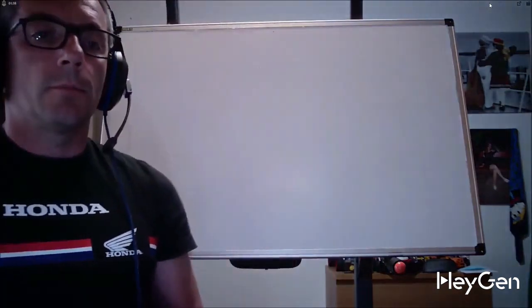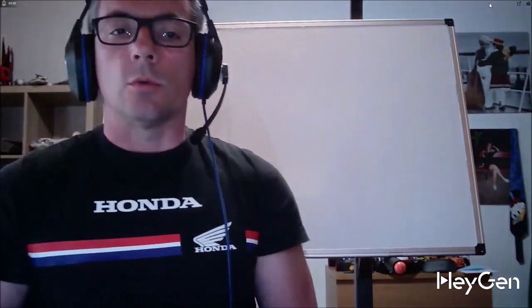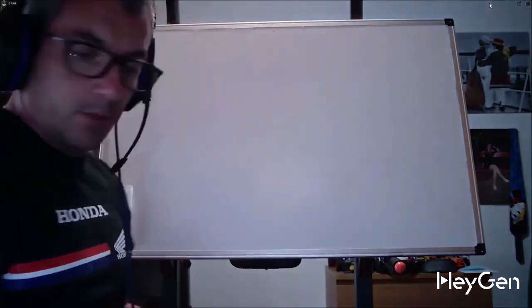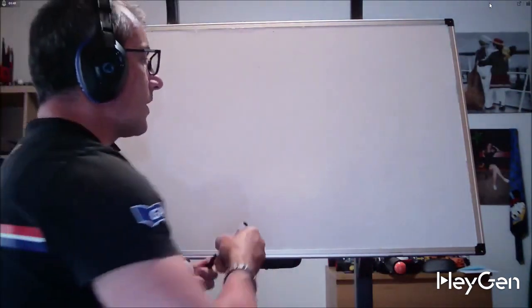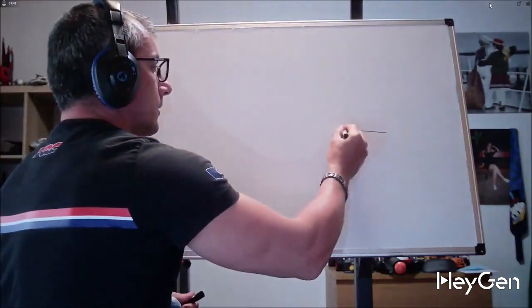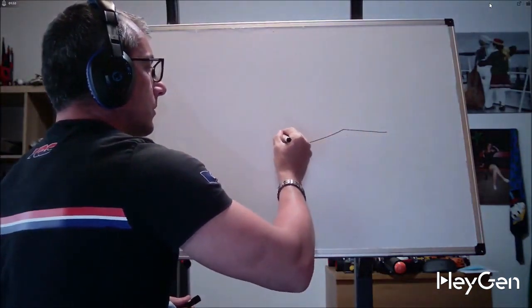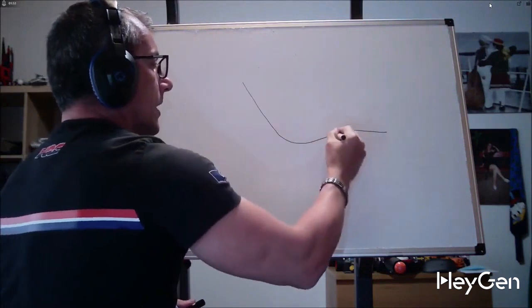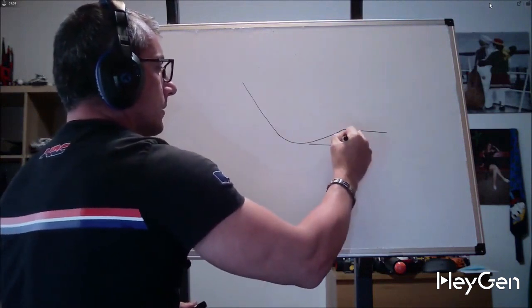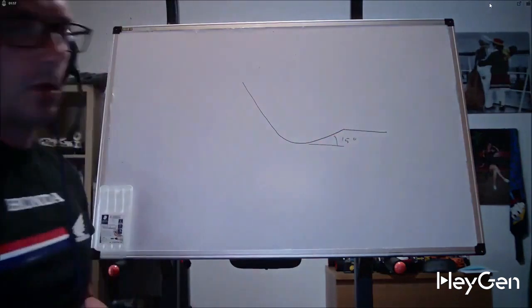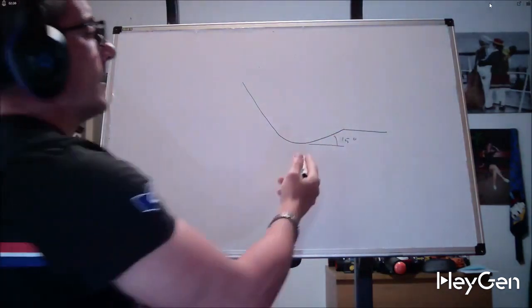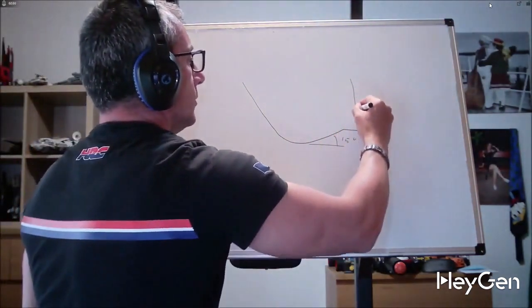Now, the first question that a programmer must ask is, what type of tool should I use? A simple small example. In our examples, we had 15 degrees. Can I ever do this turn with a square insert that has 5 degrees?